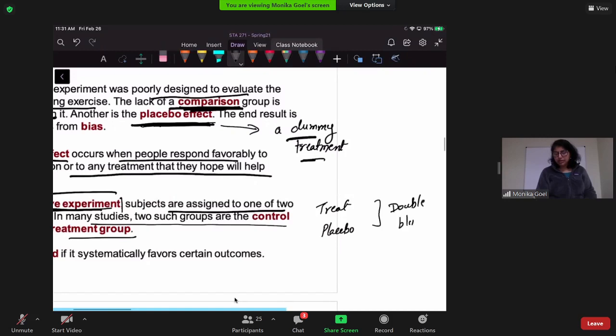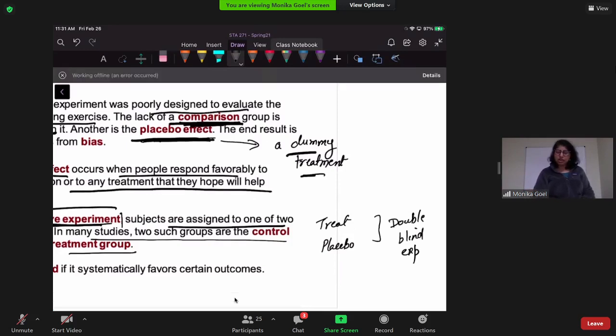Double blind experiment. Let's say I'm doing some study, and I provide the placebo and the treatment to the hospital, and you can apply this to all the subjects or patients that you have. The people giving them don't know whether they are giving the placebo or the treatment to the subjects, but I do know.